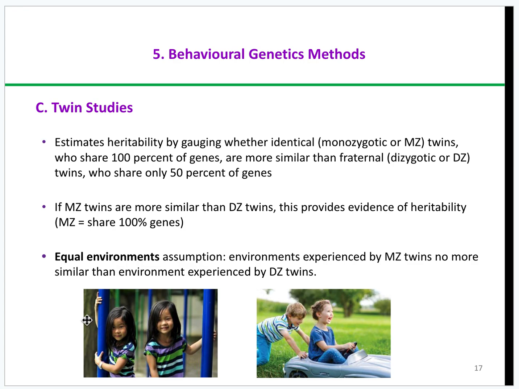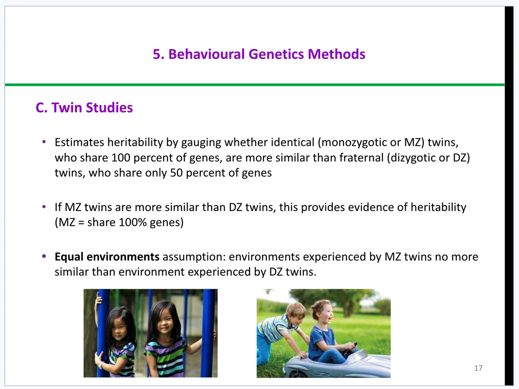Whereas identical twins are often dressed the same, look the same, and are treated the same, which confounds the environment piece. So you want them to grow up in different environments. If twins are separated at birth and grow up in different environments, then you've teased out the environment piece, and you can see what personality traits they both have that are the same.